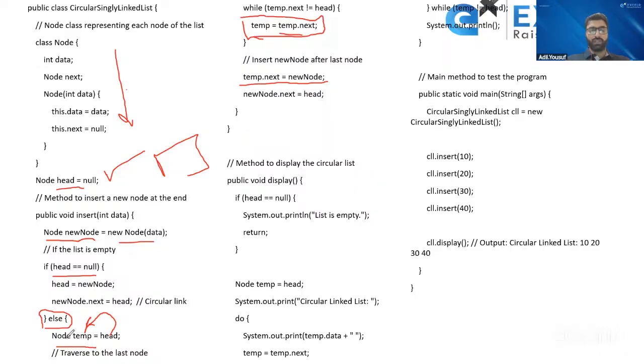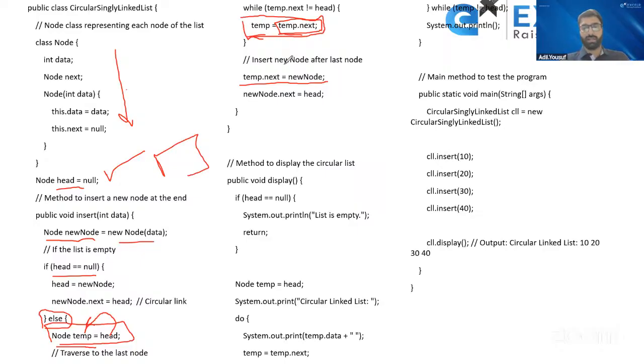So when temp dot next is equivalent to head, it simply means we are at the last node, or end, of the circular linked list. Until then, I will simply write temp is equivalent to temp dot next. Once I find that temp dot next is equivalent to head, I conclude this is the last node.